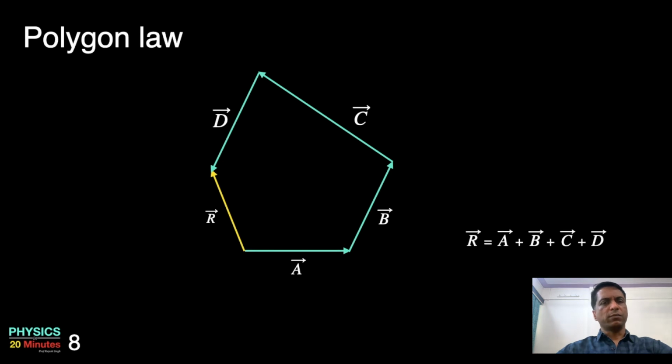The final result remains the same and you can check that. Since the diagram resembles a polygon, this is sometimes referred to as the polygon law of vector addition.